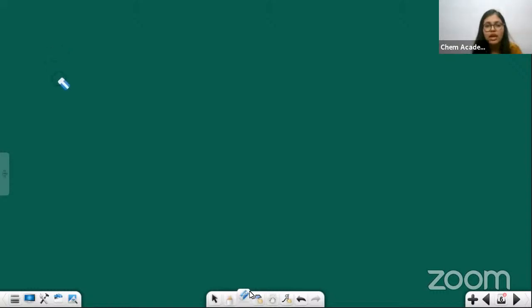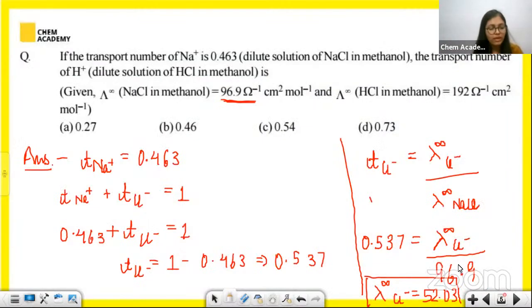I think white will be better visible here. We know that the limiting molar conductance of Cl negative is 52.03. So this is what we have calculated so far. I hope there shouldn't be any problems regarding this.